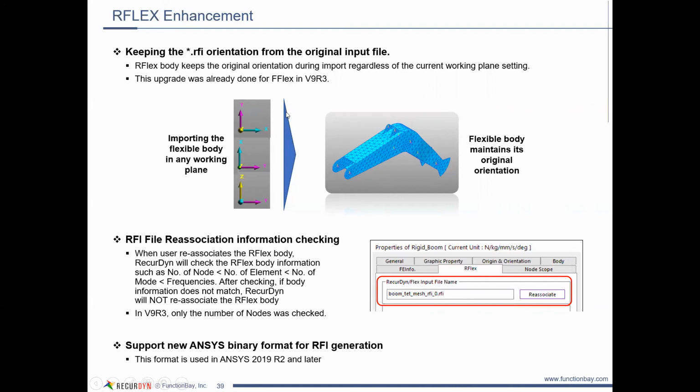It doesn't do that anymore. It keeps track of the original orientation in space and makes sure it's the same in RecurDyn itself. I think this is the way it should be. The body will maintain its original orientation and will consistently come in that orientation no matter what working plane you happen to have active at the moment.